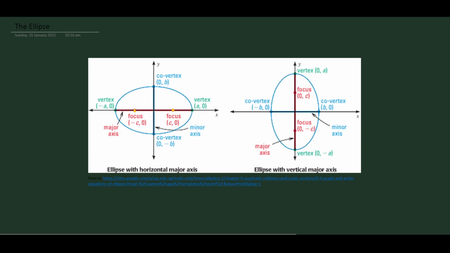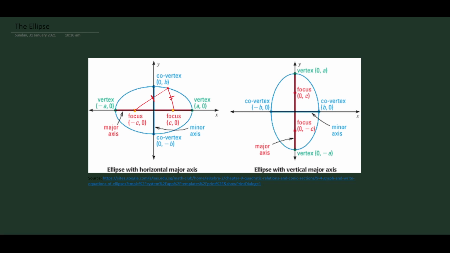Now, in case you're wondering, what is the constant length that we were talking about earlier? What is this length actually? Can we find it in terms of a or b? Actually, yes, we can.